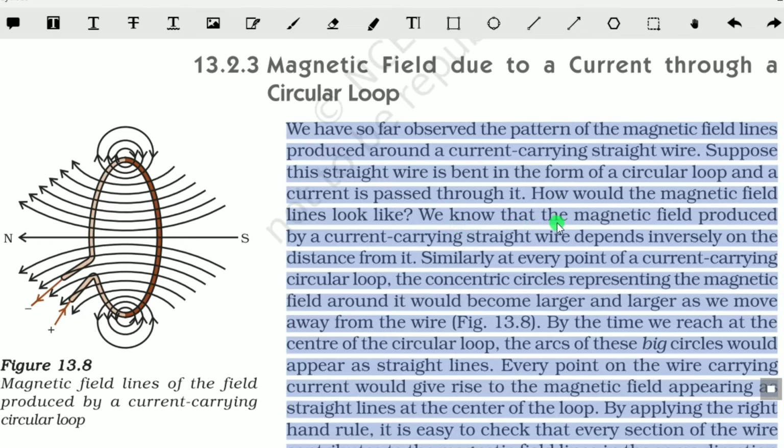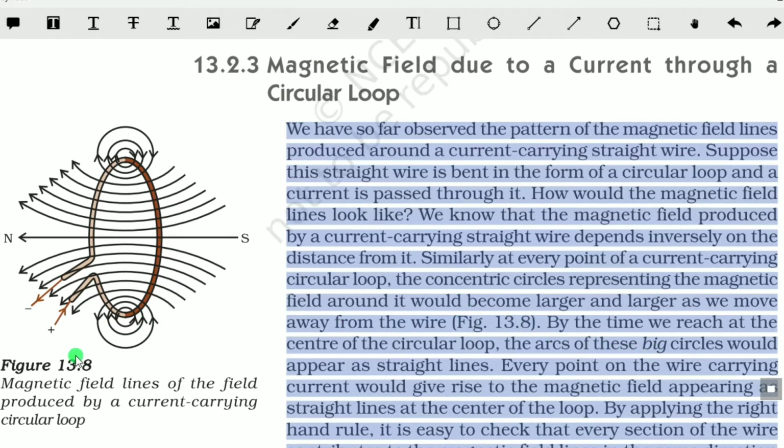We know that the magnetic field produced by a current-carrying straight wire depends inversely on the distance from it. Similarly, at every point of a current-carrying circular loop, the concentric circles representing the magnetic field around it would become larger and larger as we move away from the wire. Fig 13.8.